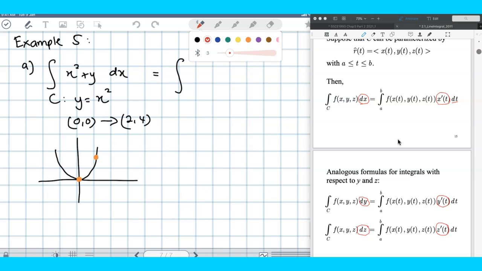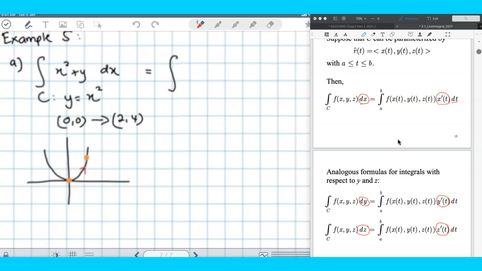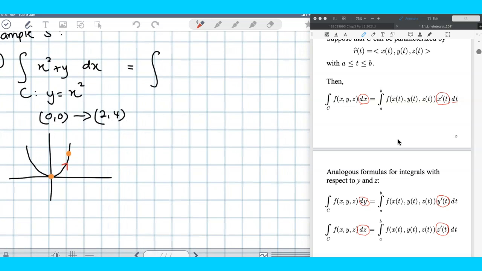So that is your curve, meaning that you have to erase the other lines. We are not interested in this, and also not interested in this, only that curve. So that is your C.